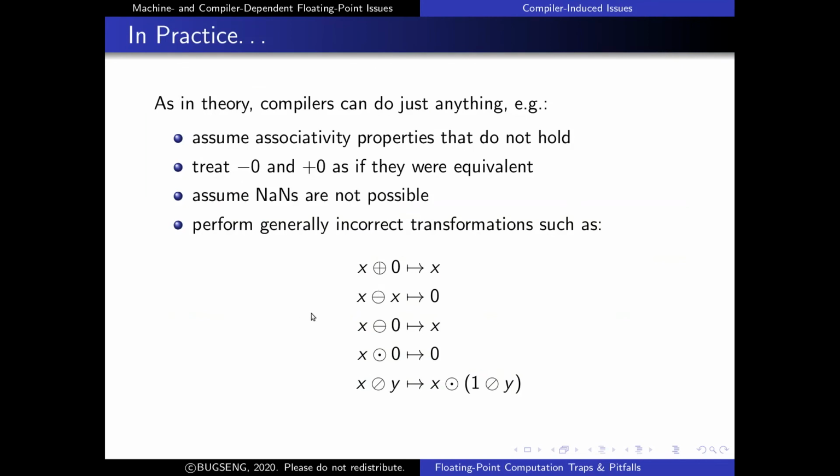Similarly, x minus x is not always 0. x minus 0 is not always x. We have seen this in the previous webinar. x times 0 is not always 0, and x divided by y is not always the same thing as x multiplied by the reciprocal of y.